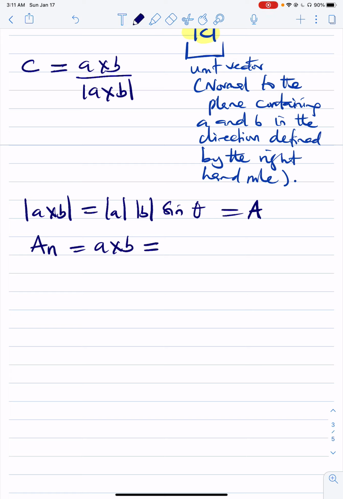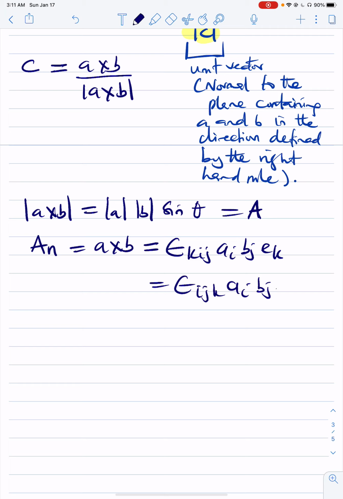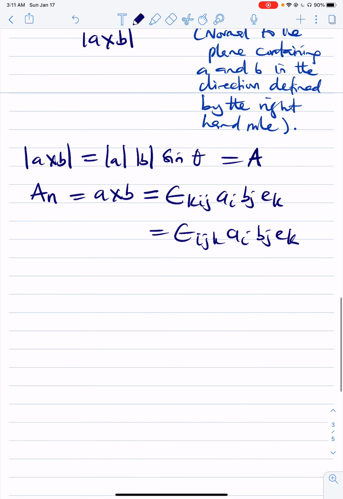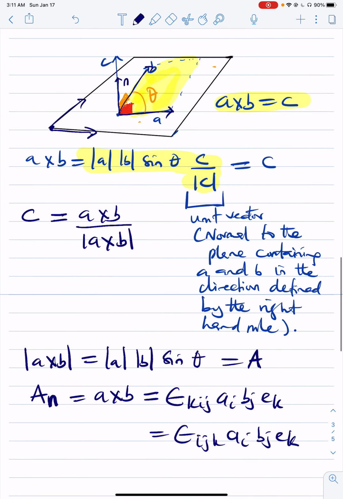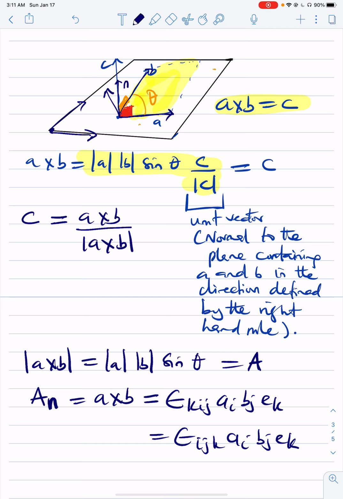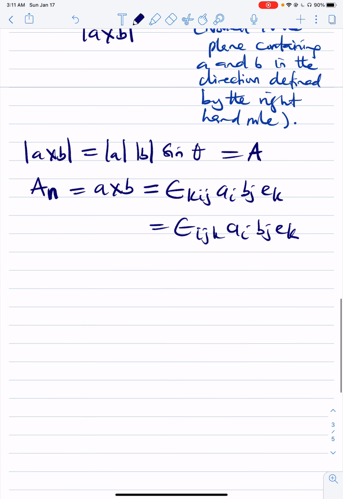So the permutation symbol can also determine the sign, even if we're doing cross products of unit vectors. So this will be permutation epsilon_kij A_i B_j e_k, or if you prefer to write this with permutation ijk, A_i B_j e_k. I hope this makes sense to you, right? So this is A times a unit outward normal, so it can be here or something this way, right? So this is an expression for it.